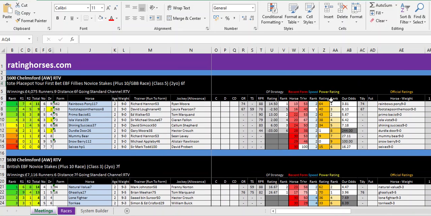The power rating is a fairly new addition to ratinghorses.com. Now, the power rating is completely different to our R1 and R2 ratings. The power rating takes into account all the information for that particular horse and that type of race.